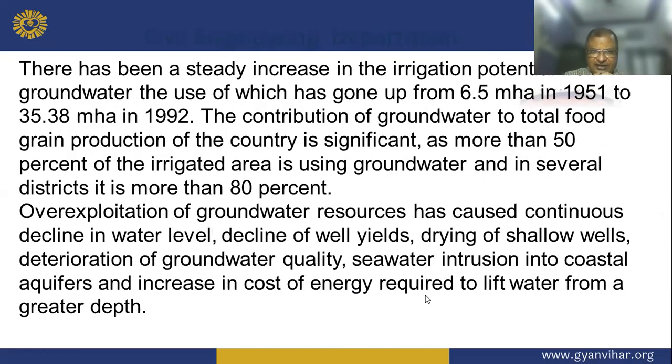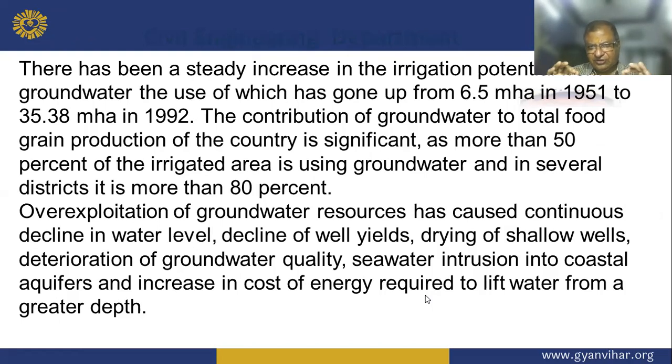There has been a steady increase in the irrigation potential from groundwater, the use of which has gone up from 6.5 million hectares in 1951 to 35.38 million hectares in 1992.